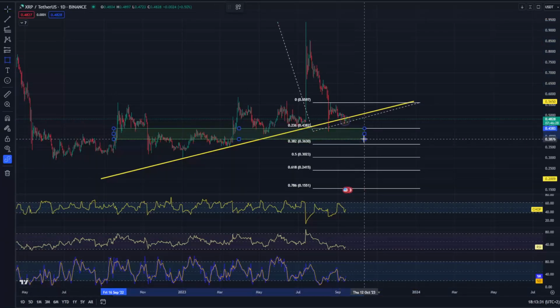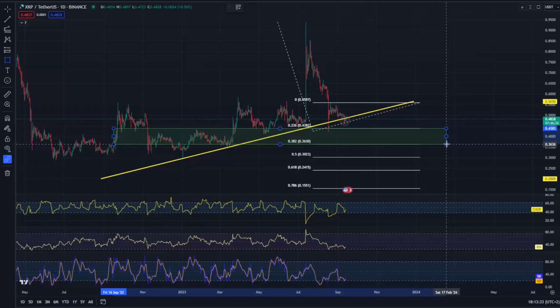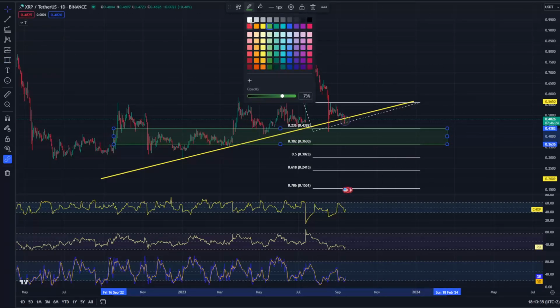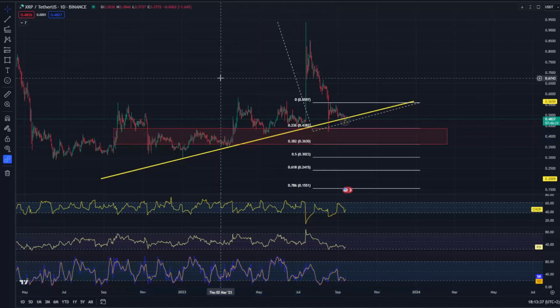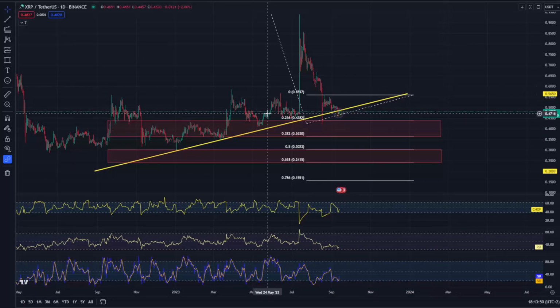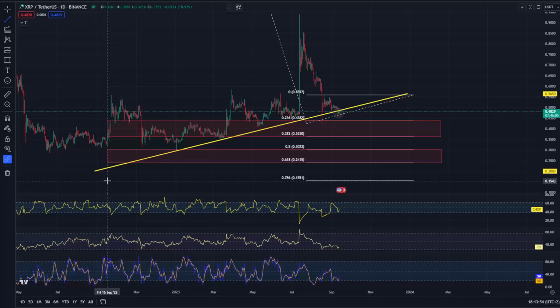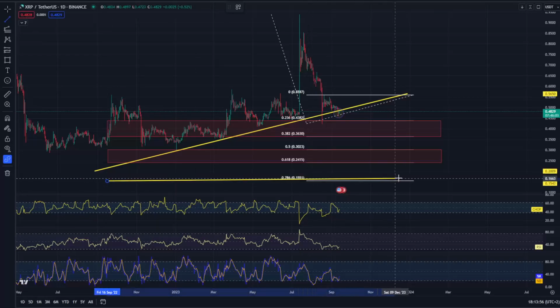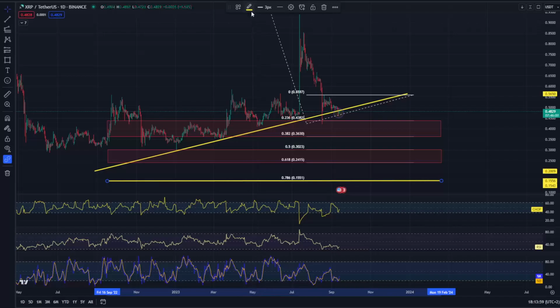And here the first support is the support zone from 43 cents to 36 cents. Then we can mark the second zone from 30 cents to 24 cents. And then we have support at 15 cents.